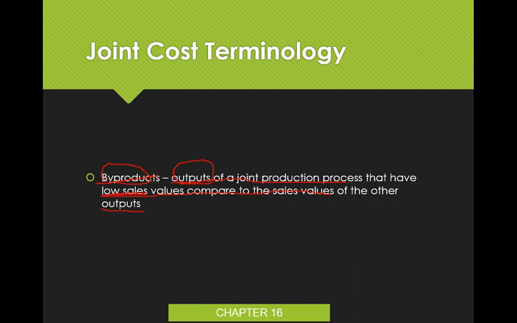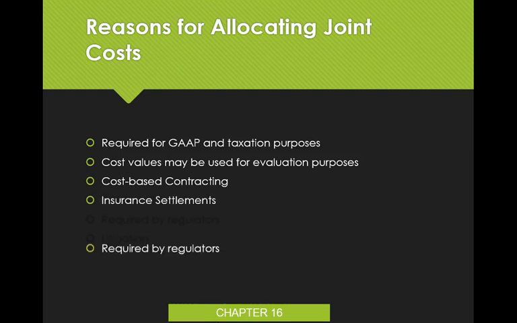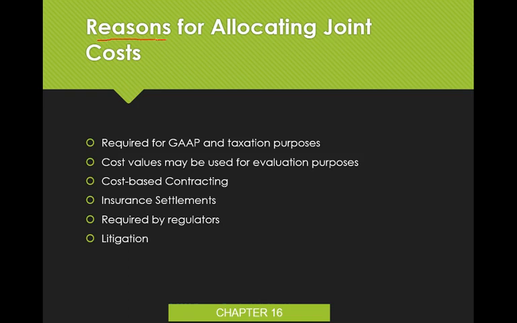Okay, these definitions are very important for our coming example. Reasons for allocating joint cost. Why do we bother with allocating joint cost? Why do we need to allocate joint cost? لماذا نحتاج أن نوزع التكاليف المشتركة على المنتجات المشتركة بالعربي طبعا. وبالتالي it is required for GAAP and taxation purposes.